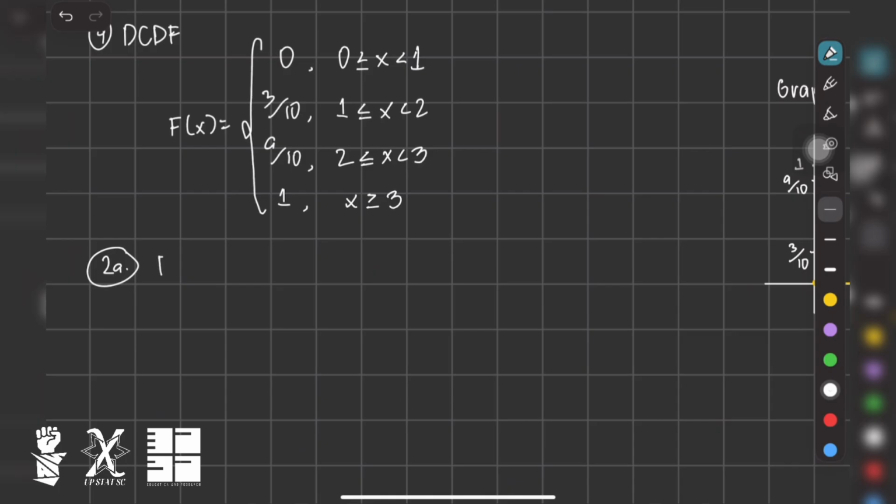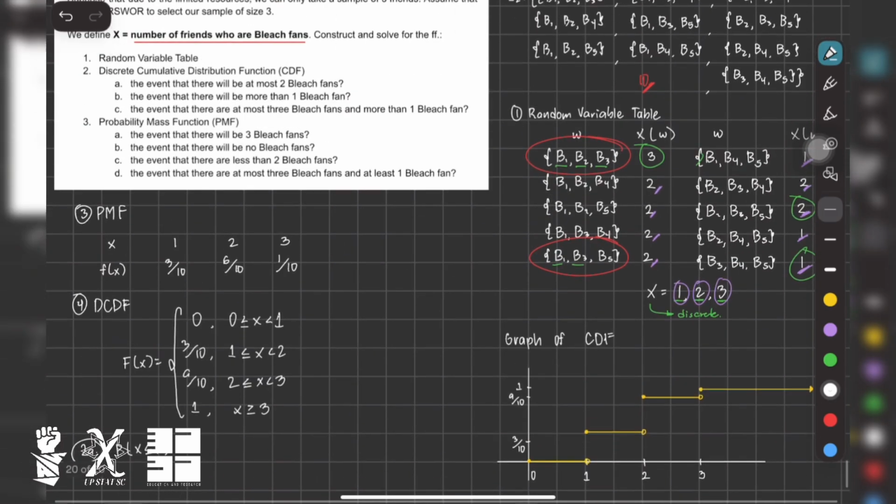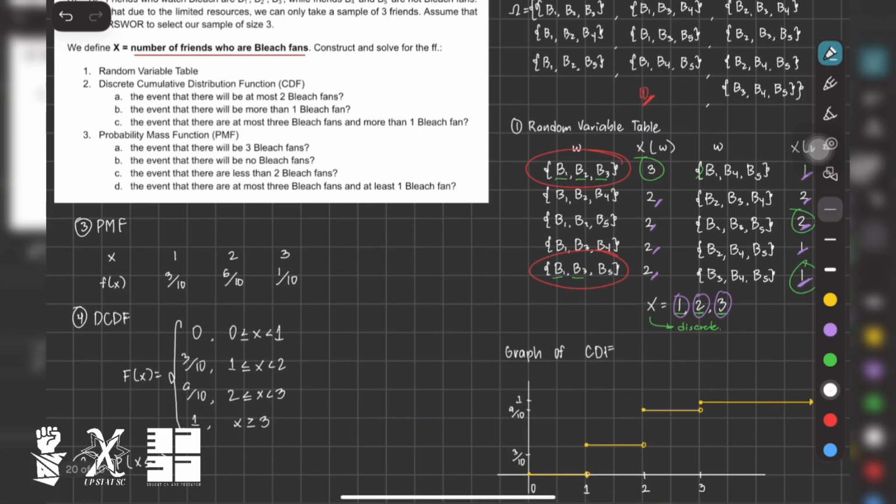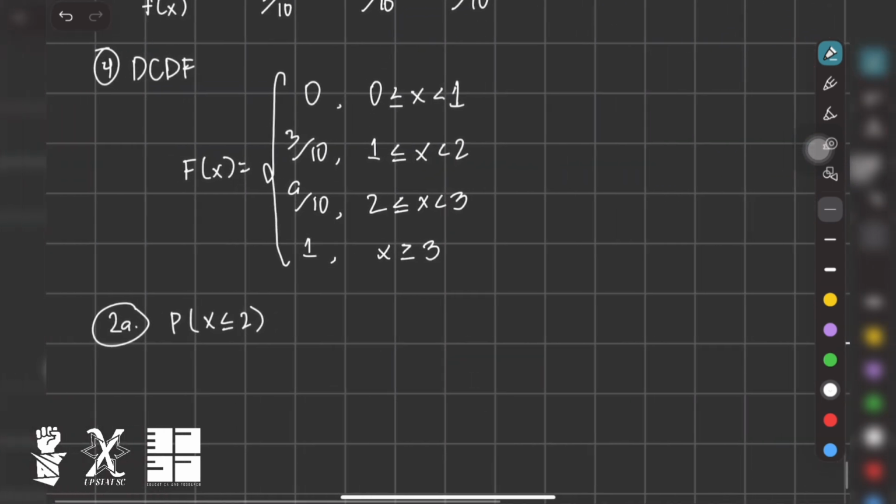It's either two bleach fans or fewer than two, so we write it as P(X is less than or equal to 2).